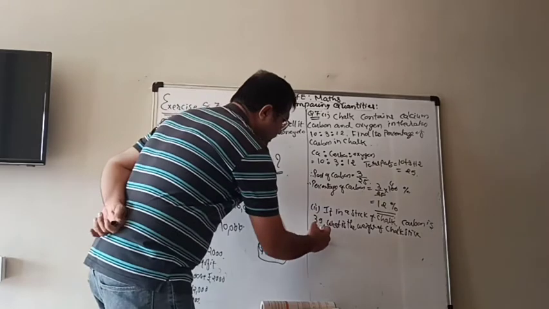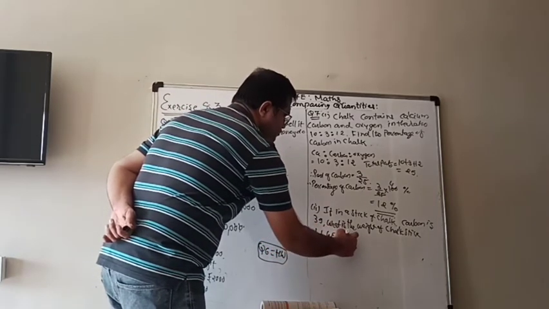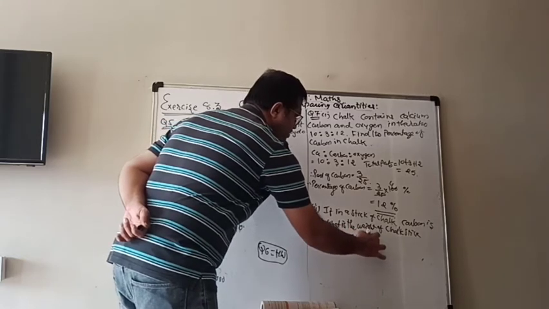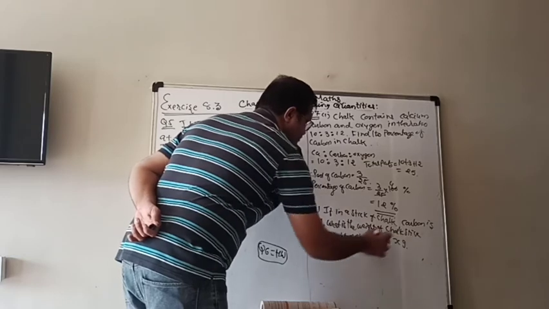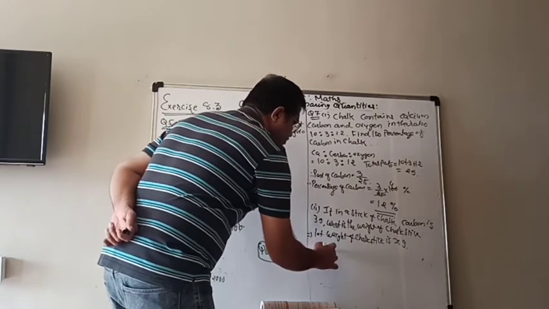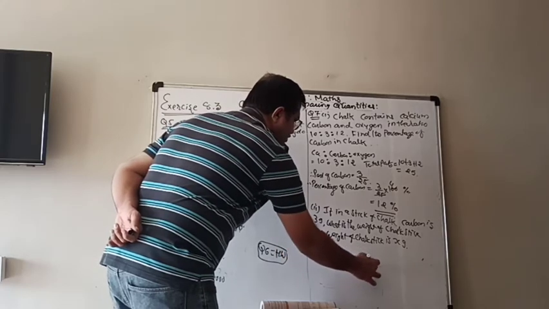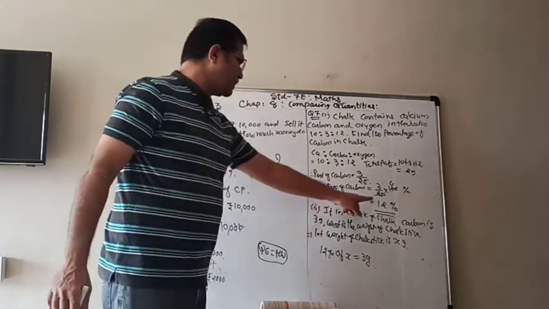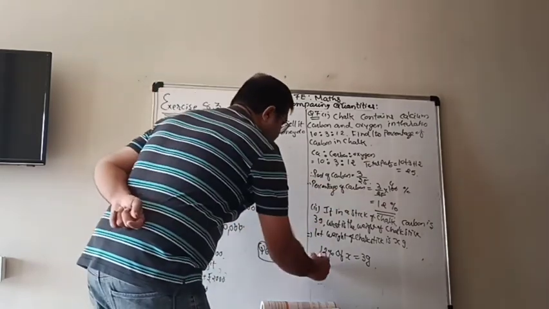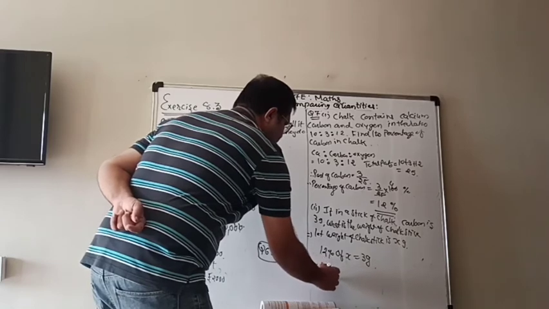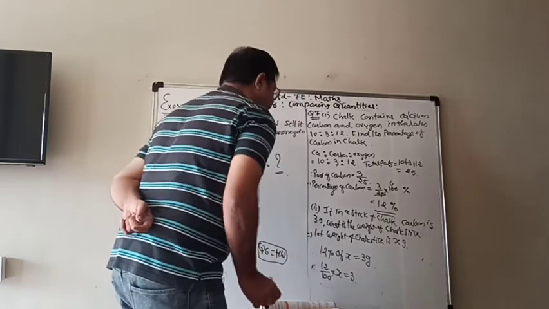So now let the weight of the chalk stick be x gram. It means that 12% of x is 3 gram, because carbon is 12% and its weight is 3 gram. It means that 12 upon 100 multiplied by x is 3.